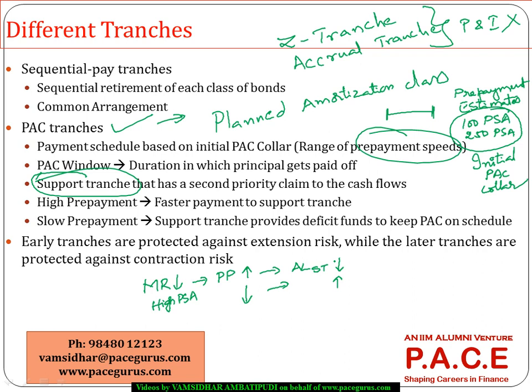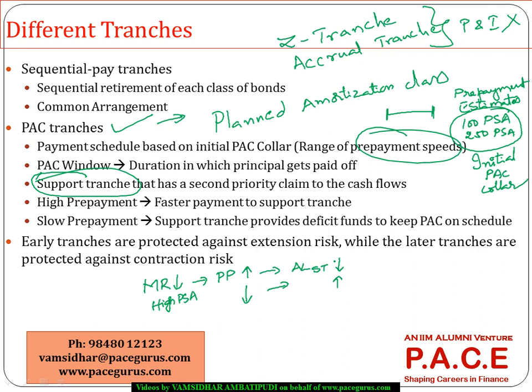But when interest rates are falling, prepayment rates increase and the support tranche receives much faster, so their average life becomes much smaller compared to the pack tranche.